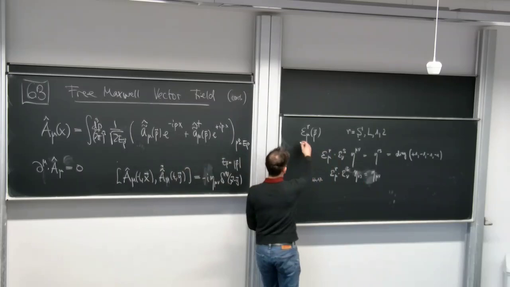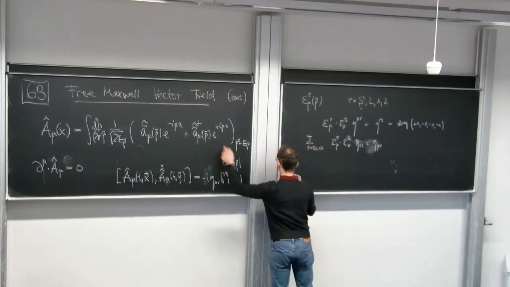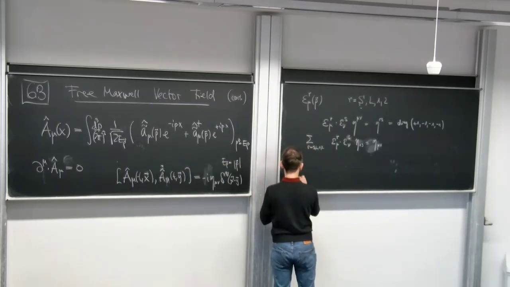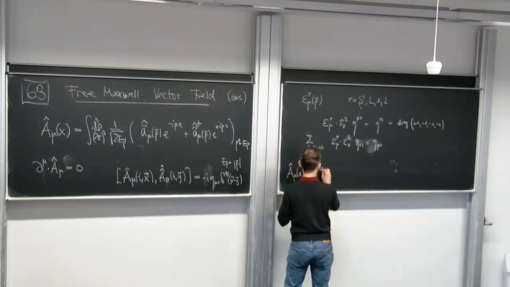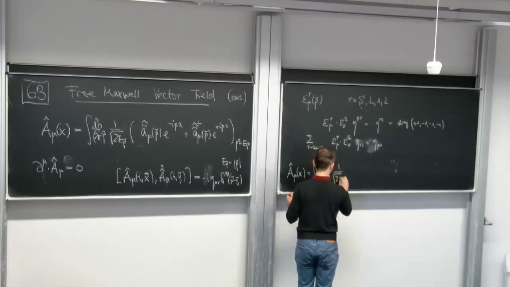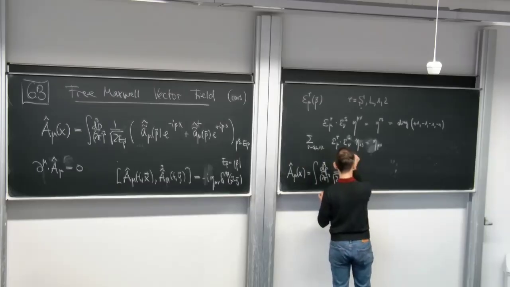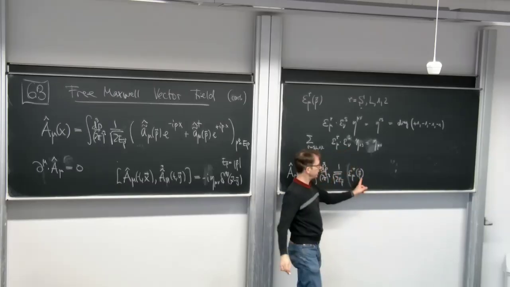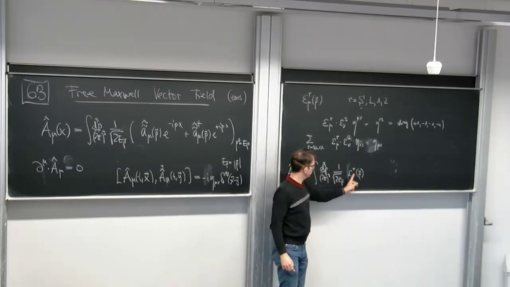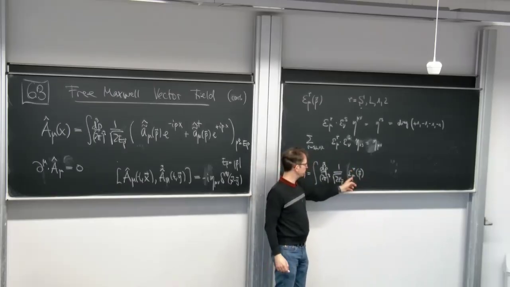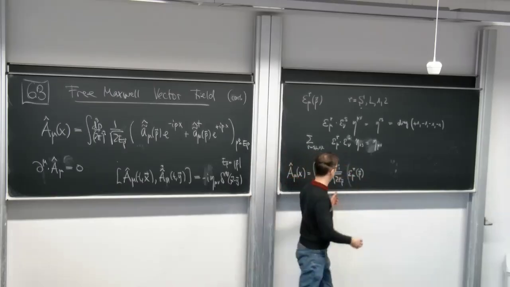And now, having these objects, we can write down this expansion again for A^μ: the integral d^3p over (2π)^3, 1 over the square root of 2E_p. And now here, you convert for every p in your integral from the μ index to an r index, basically from a space-time index to a polarization index.